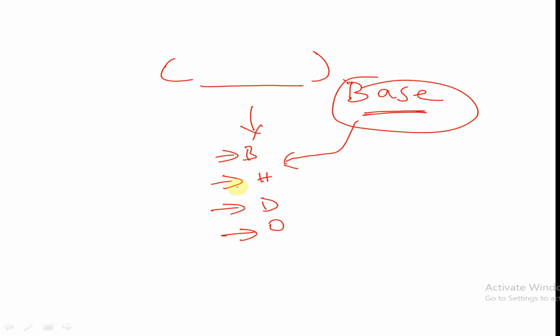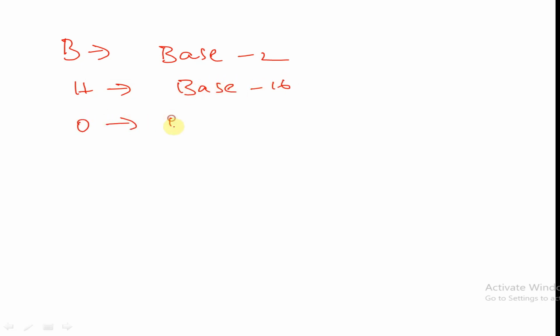For binary number systems, the base is 2. For hexadecimal numbers, the base is 16. For octal, the base is 8. And for decimal, the base is 10.